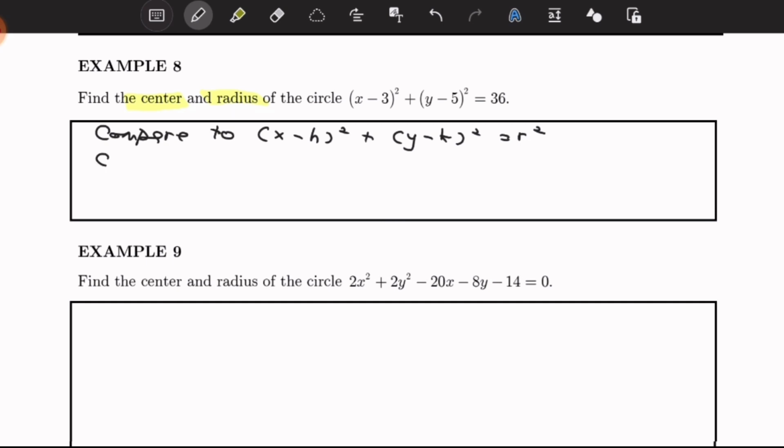So the center C is given by (h, k), which equals (3, 5), and obviously r equals the square root of 36, which equals 6.